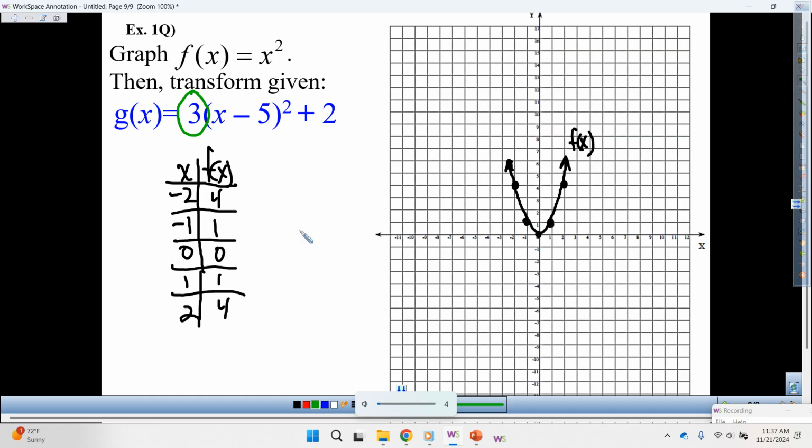So, here it goes. This is how we do the first step. We need to stretch the points before we actually do the movement of the points and graph our final graph. Each of these points are going to stretch by 3. Let's start with this one. Instead of being at -2, 4, what is 4 times 3? 12. So, this one's going to be up here at the 12, including this one. Notice what I did with these two?